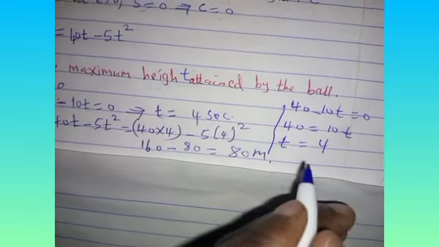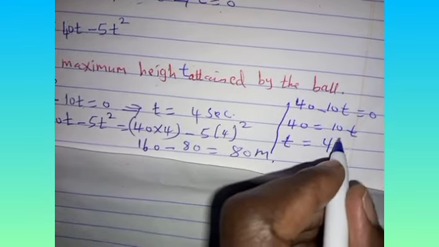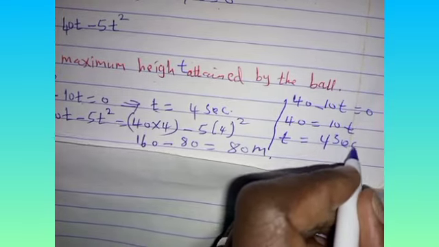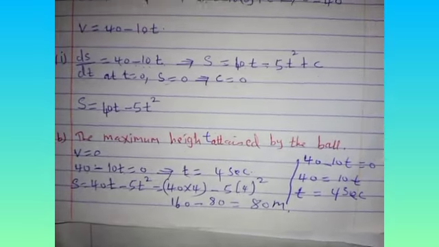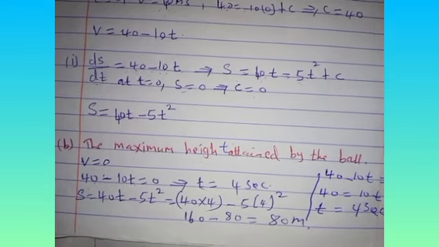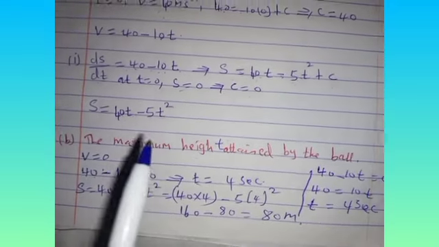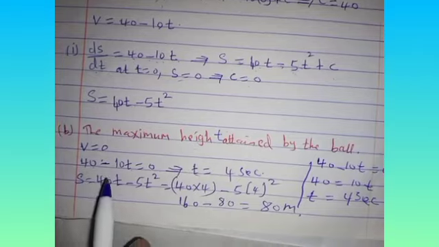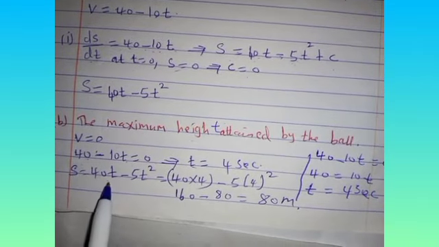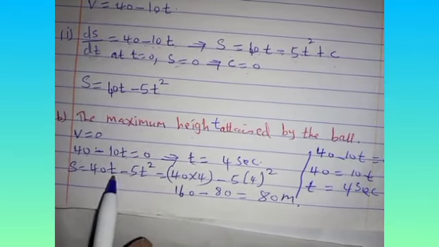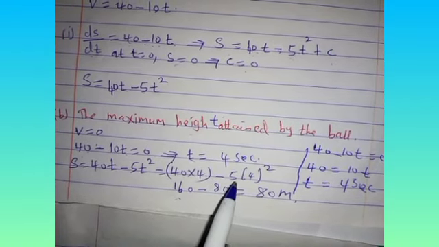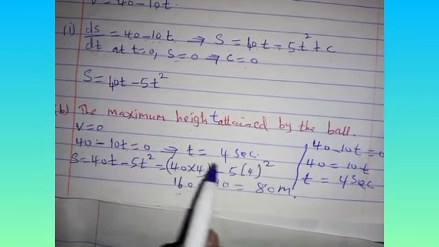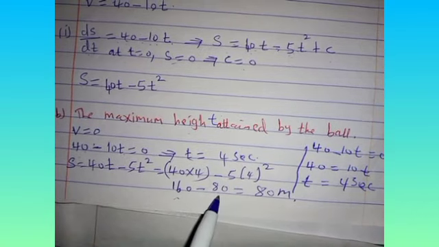Once you get your time as 4 seconds, the next thing you need to get is the maximum height. So you substitute here. Our time is 4. So 40 times 4 is 160, minus 5 times 4 squared, which is 16 times 5 is 80.